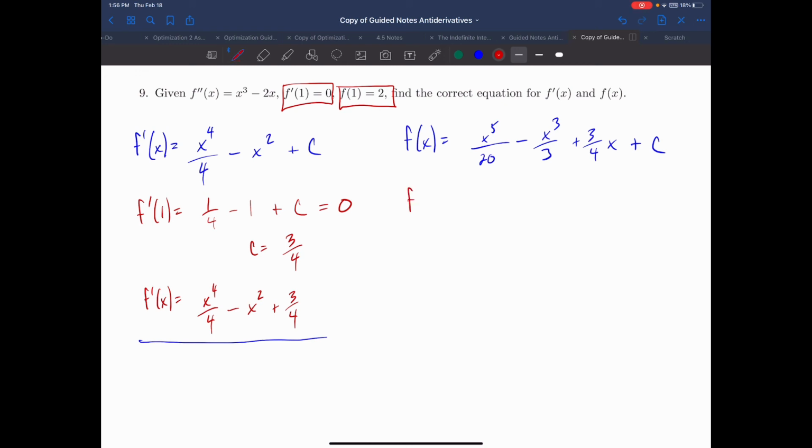So f of 1 equals 1/20th minus 1/3 plus 3/4 plus c equals 2. Okay, so let's simplify this all.